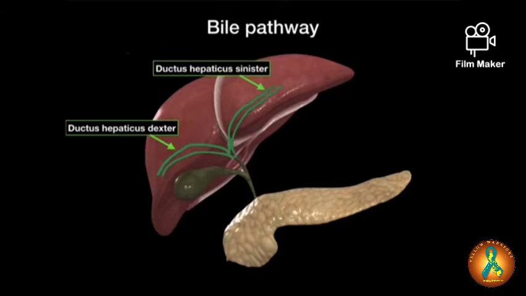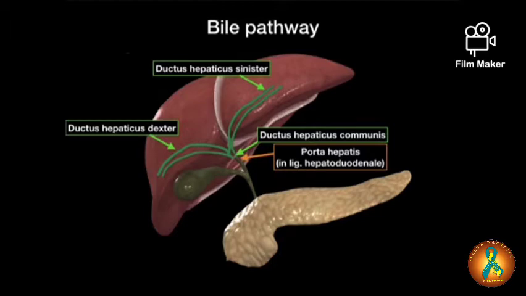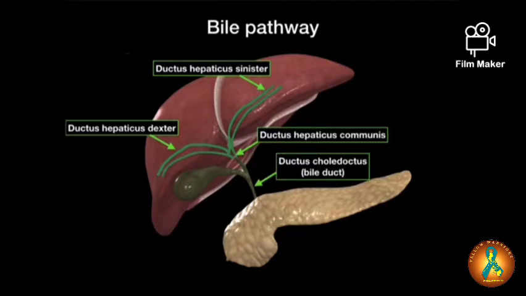And they come together and unite in the middle, forming the ductus hepaticus communis, the common hepatic duct. And the common hepatic duct is about 5 centimeters long and goes out through the porta hepatis, which is protected by the hepatoduodenal ligament.